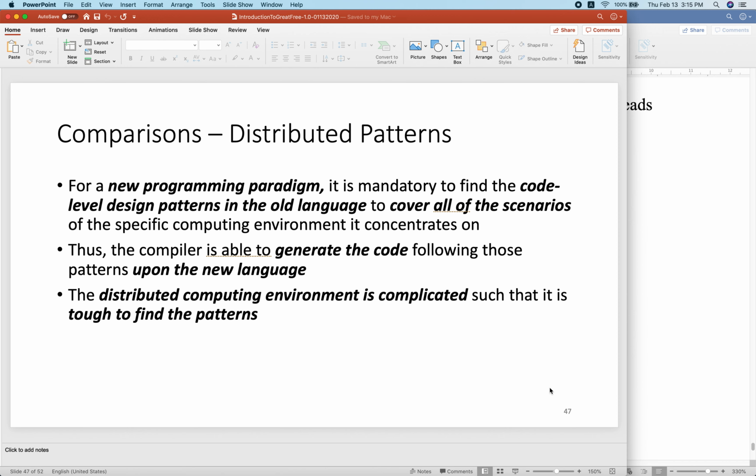I think if we need to construct a new distributed programming language, this language usually should be constructed over an existing language. So we need to encapsulate existing mainstream languages with a new syntax.